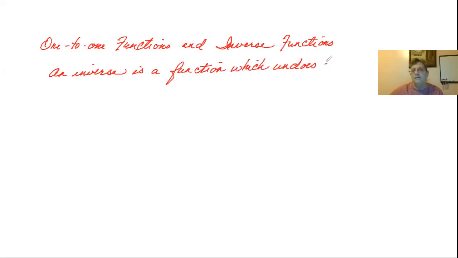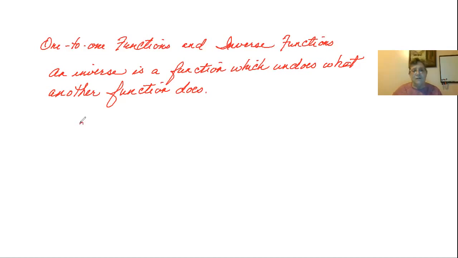When we're solving an equation, especially a linear equation, what we do is we go through, and if it's multiplied by 2, we're going to divide by 2. If it's got 5 added to it, we're going to subtract 5 from it.